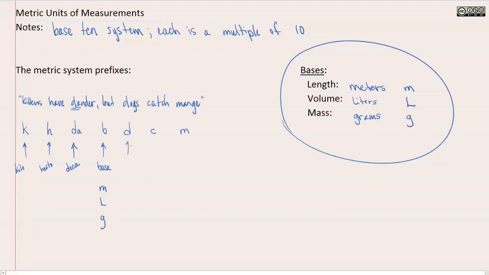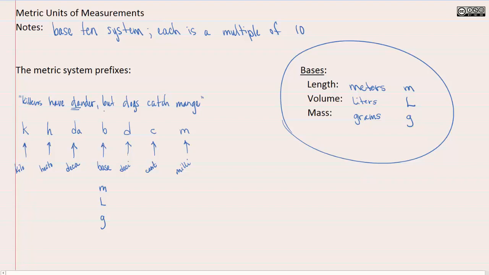Then we have the second D, which is deci, C, which is centi, and M, which is milli. Each of these is a multiple of 10, with base being similar to the 1 when we were doing place values.